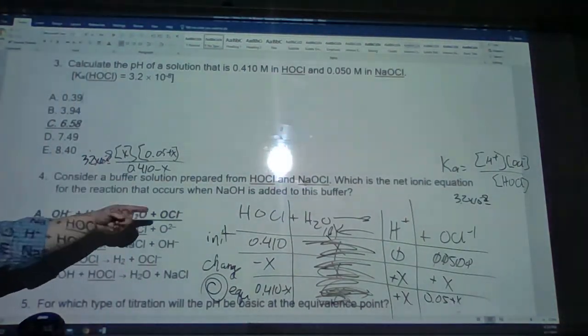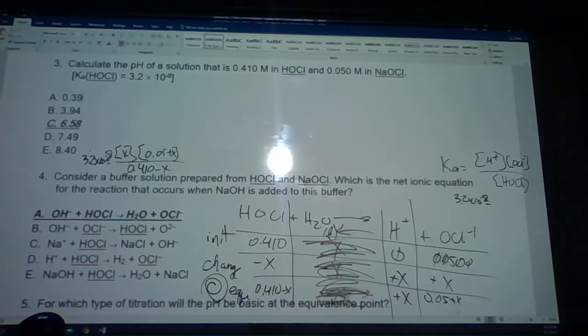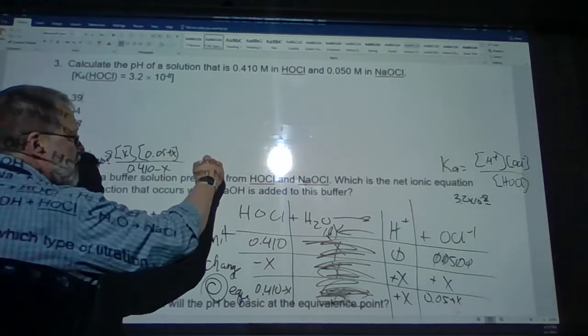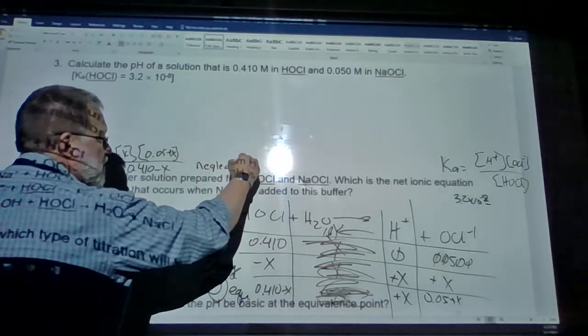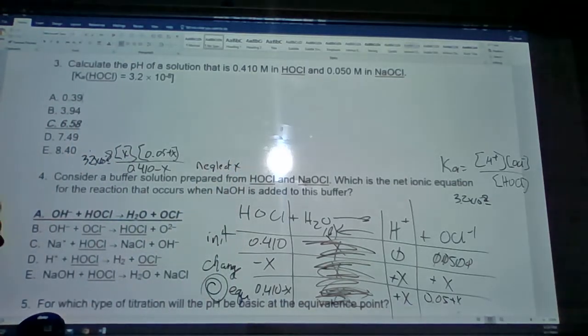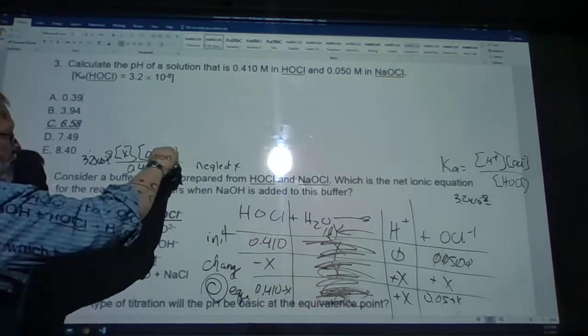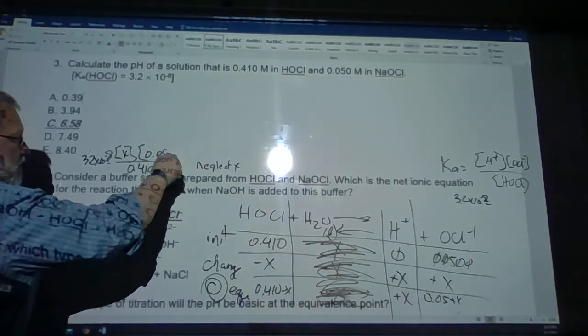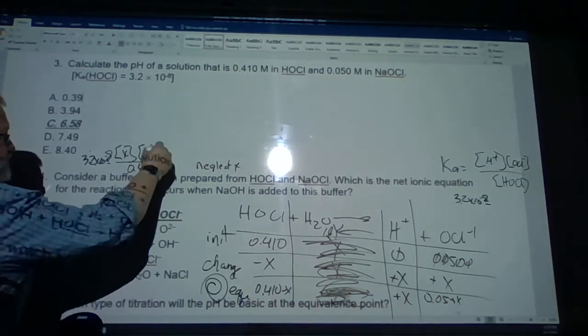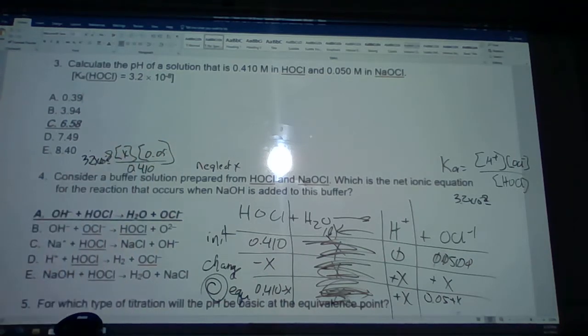This acid, HOCl, doesn't ionize to any significant extent. So we can neglect the X term. This then simplifies to X times 0.05 divided by 0.410.